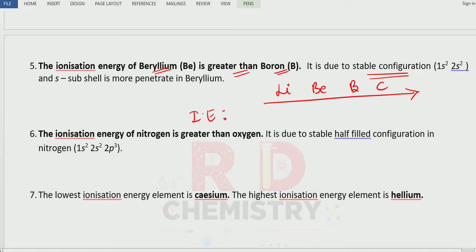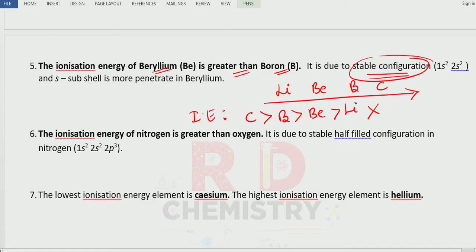It should increase along the period, so carbon should have a larger value than boron, beryllium and lithium. But this is not the correct order. Why? That depends on the electronic configuration. So ionization enthalpy also depends on the electronic configuration, whether they are stable or not.